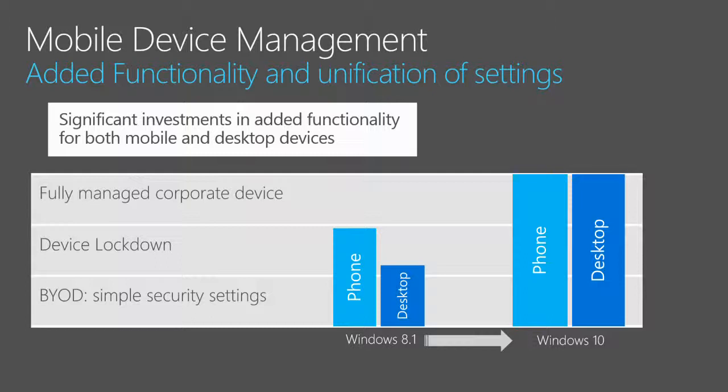So where in the past, when you did settings in Windows Phone, you might need to use different settings to achieve the same thing on Windows Desktop if you would manage them in the same way. So we have now unified that so that it is all identical. Of course, there will be some settings that you maybe have on a phone that you never would have on a desktop that are related to telco kind of settings, but in general, they are all unified and the same. And you will see that where in Windows 8.1 we had more settings for phone, now all the settings will be identical.